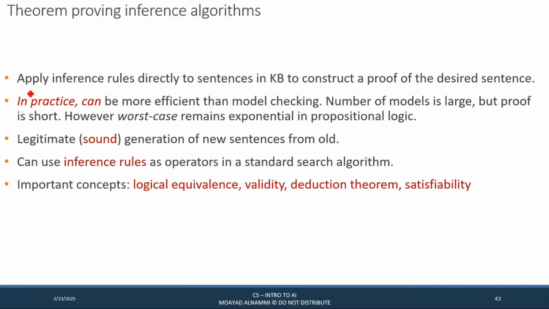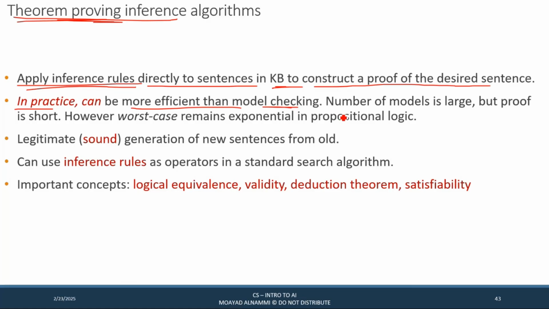So we looked at the model checking way. Let's look at theorem proving inference algorithms. In theorem proving, we apply inference rules directly to the sentences in the knowledge base in order to construct a proof of the desired sentence. In practice, using a direct theorem prover can be more efficient than model checking.